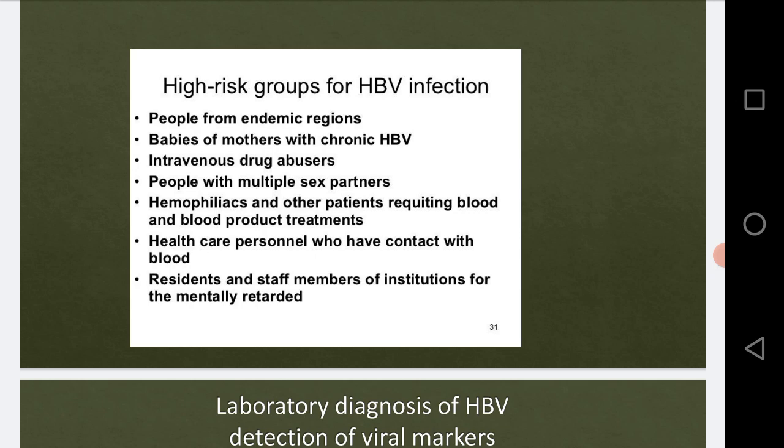Then healthcare personnel who have contact with blood, from where the blood infection can take place easily, so they are also at the highest risk. Then residents and staff members of institutions for mentally retarded people, where the immunity is very weakened, so the risk of getting that infection is higher.